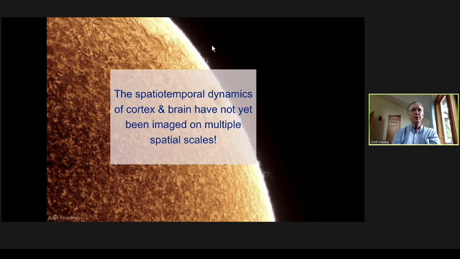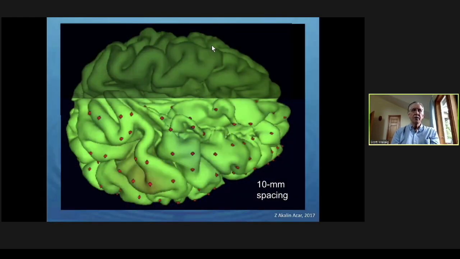So that's the situation we're in now. If you look at very low spatial resolution recordings, for instance, the clinical ECOG recordings where the electrodes are on the brain surface, you see something very complicated. There's obviously spatial temporal complexities here. It's obviously of very low spatial resolution. At any spatial scale smaller than this, we're also going to see complexities, as in the sun.